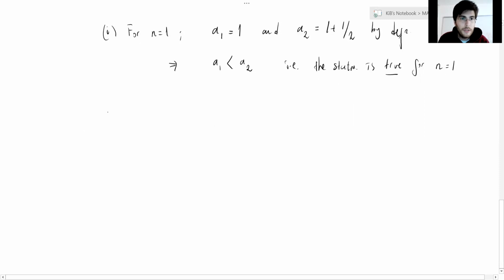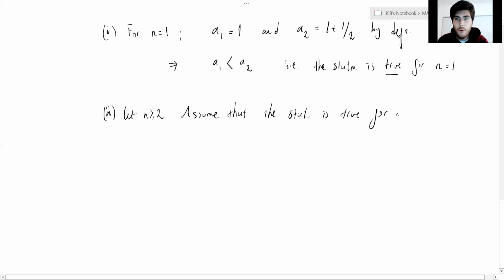Okay, so can you follow? And the second one, remember, now we have a big assumption. Let n be greater than 2. Now we assume, because we proved the other part, that the statement is true up to some point, for all n less than or equal to k.